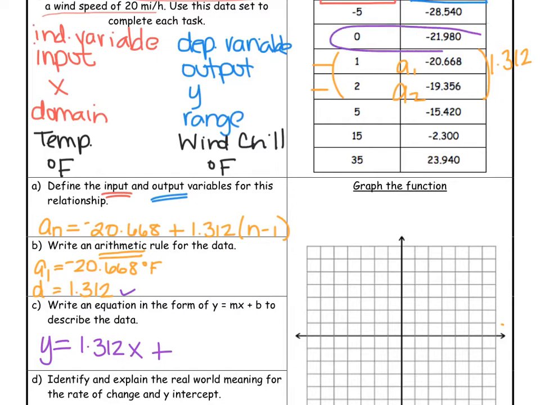And this is our y-intercept. This is when x equals 0, so it's plus negative 21 and 980 thousandths. So here is our arithmetic sequence, our general formula for this particular table, and here is our linear formula. And you can see my slope and my common difference are the same thing.